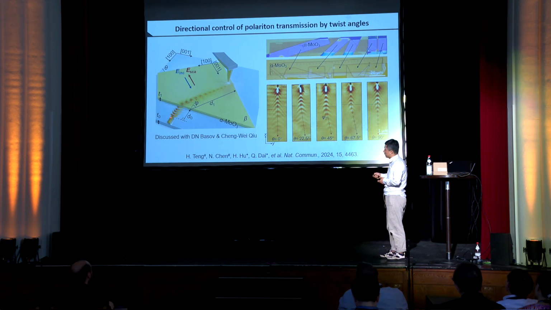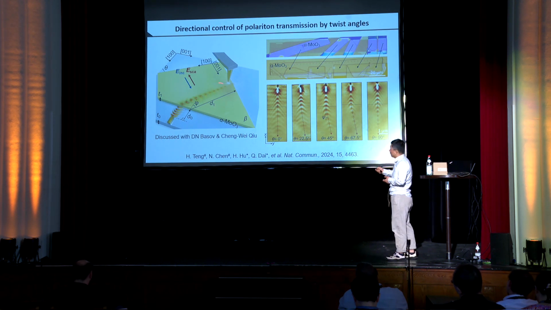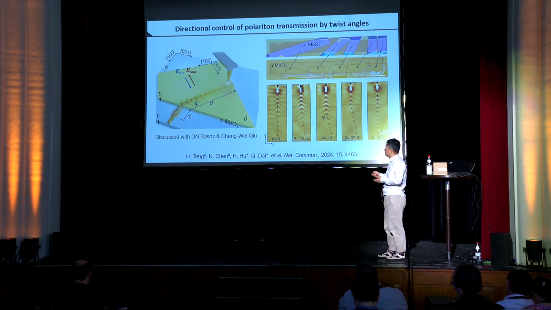And you put the gold antenna here to excite the hyperbolic polaritons to cross this twisted area. Because this twisted area has the topological polaritons, I think the speakers mentioned this morning. So the propagation behavior of the polaritons in this area has been totally changed, right?